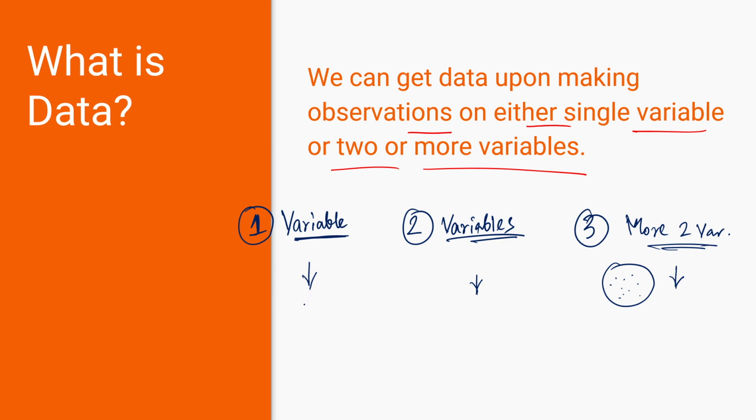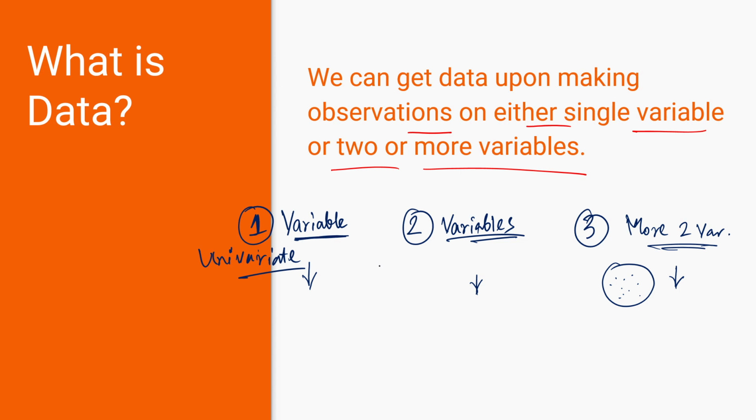If you are extracting the information from a group of population or sample or objects, and it is based on only a single characteristic or variable, then that should be called univariate. Alright.